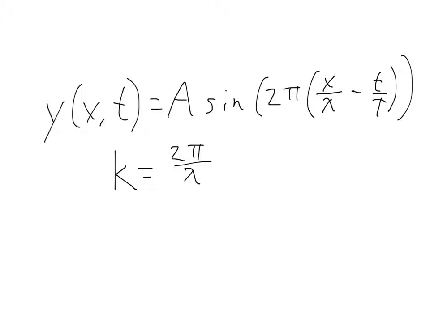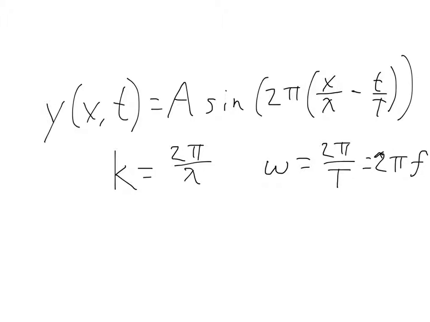Similarly, we have the angular frequency, which we have seen before with simple harmonic oscillators, and it has a nice simple relationship with the period, or if you prefer, with the frequency, where again that factor of 2 pi is involved. So when we're translating from frequency, which we measure in units of seconds, or how long it takes to do a normal period, to angular frequency, it's the frequency as interpreted by the sine function.